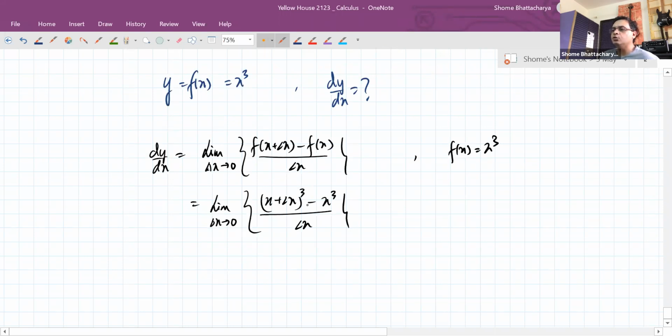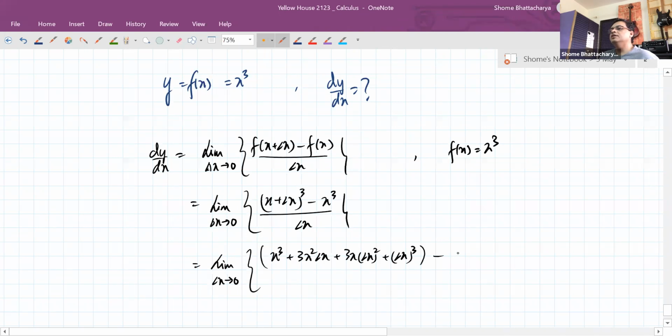So for that, what I'll do next is open this bracket using expansion. Use the a plus b whole cube expansion. So this bracket becomes x cube plus 3x squared delta x, plus 3x delta x squared plus delta x cube, minus x cube, divided by delta x. Still, if I substitute delta x as 0, I'll still get 0 by 0.